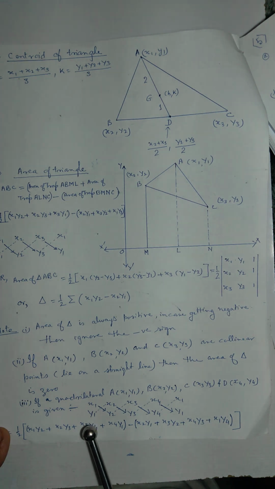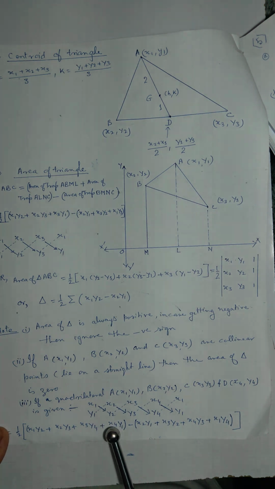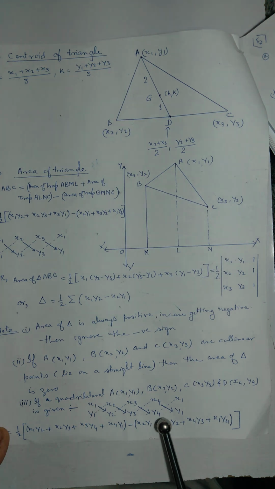While you are cross multiplying from left to up, you have to add a negative sign from your side. Here also you see x2 y3, x3 y4, x4 y1.